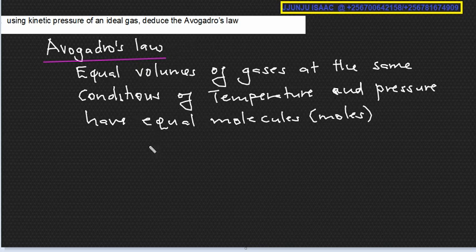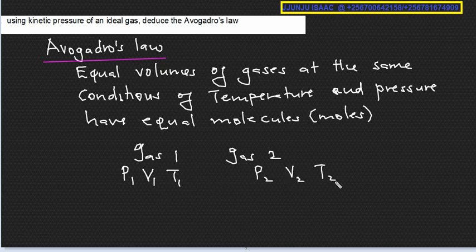In other words, for a particular gas, if we have gas 1 and gas 2, if this is P1 and this is P2, you have V1 and this is V2, you have T1 and this is T2.